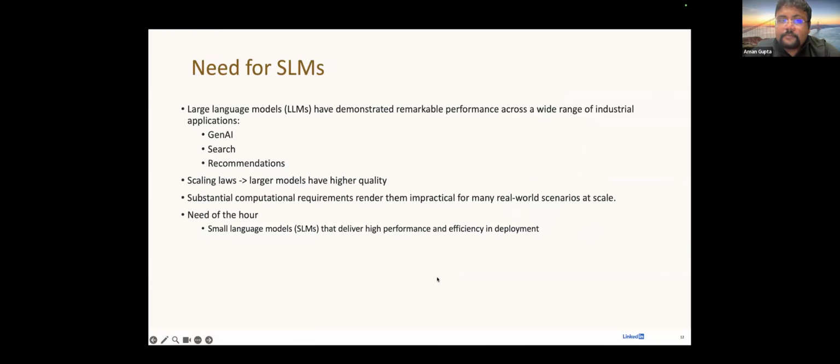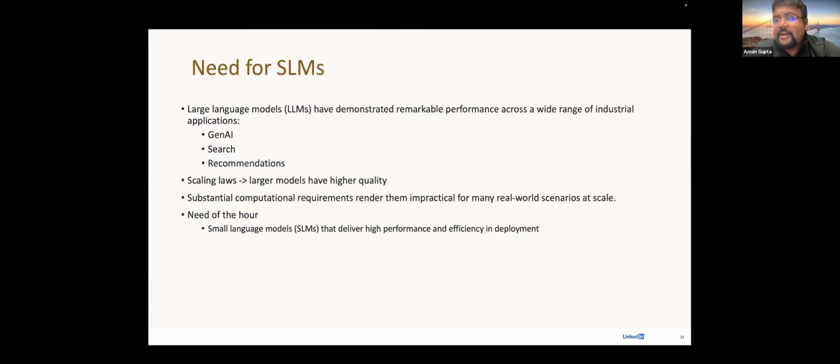So to summarize, what is the need for SLMs? LLMs have demonstrated remarkable performance across a wide variety of applications for search, recommendations, and Gen AI. And from scaling laws, we know that larger models do have higher quality. Now, to deploy them takes substantial computational resources.